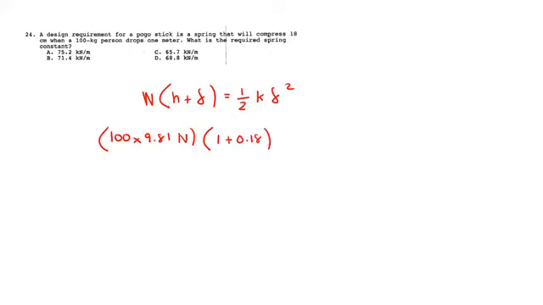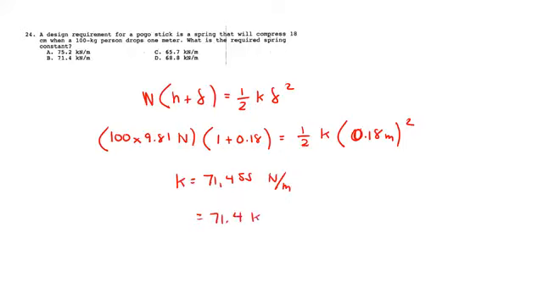So, yung deflection is 0.18. Yung height is 1 meter is equals to 1/2 times K times 0.18 meters squared. So, makuha natin K dito is 71,455 Newton per meter. So, equal siya sa 71.4 kilonewton per meter.